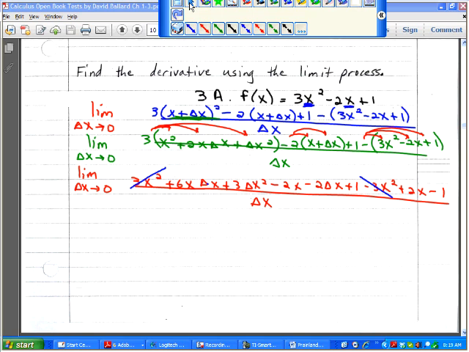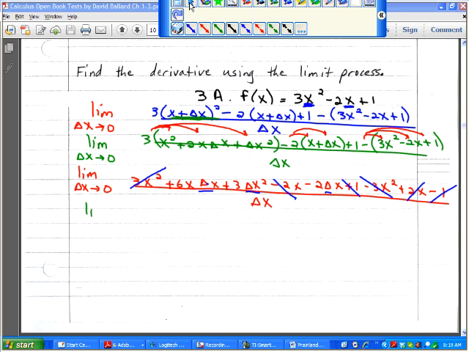The next term had a delta x. The next term had a delta x. The next term had only an x. And so with that minus 2x and plus 2x, it cancels. This term had a delta x. So we got a plus 1 without it. There should be a minus 1 that cancels it. So we're left only with terms that have a delta x in the numerator.